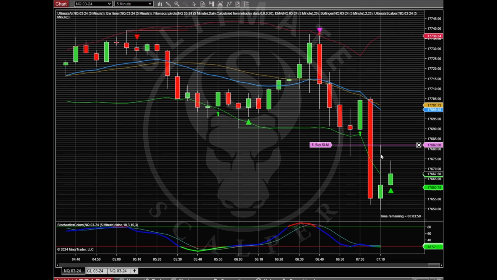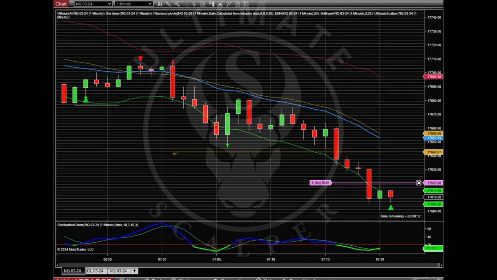Now, when the previous bar is long, there's less chance you're going to get in with even more move to go to profit. Like this is a long candle. If it reaches here, profit may be very quick and small.